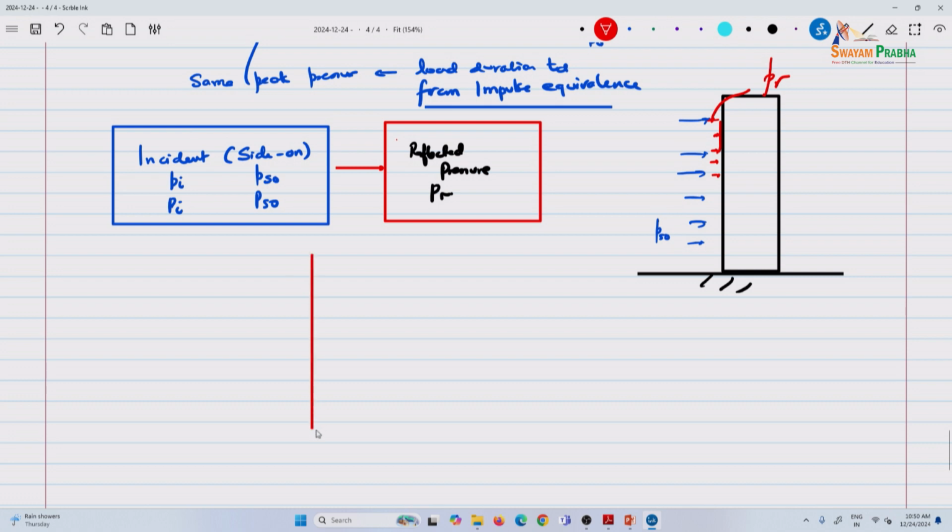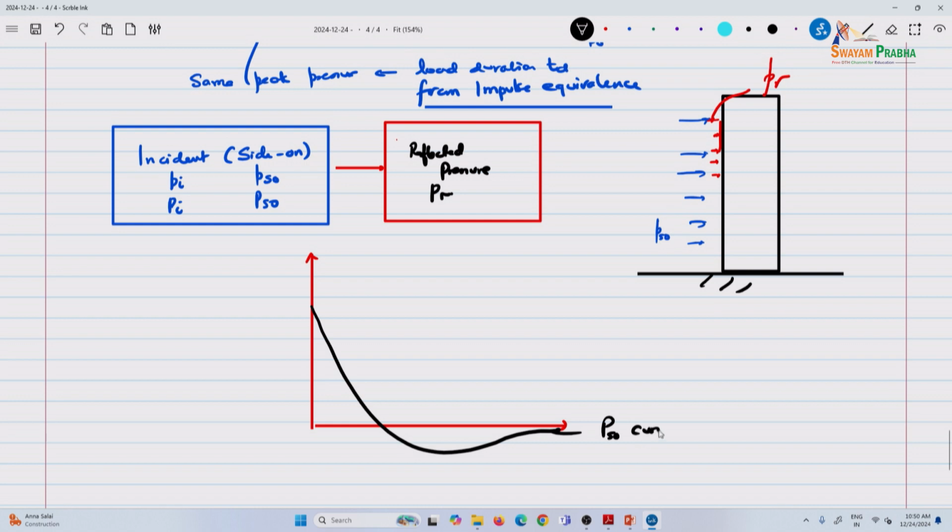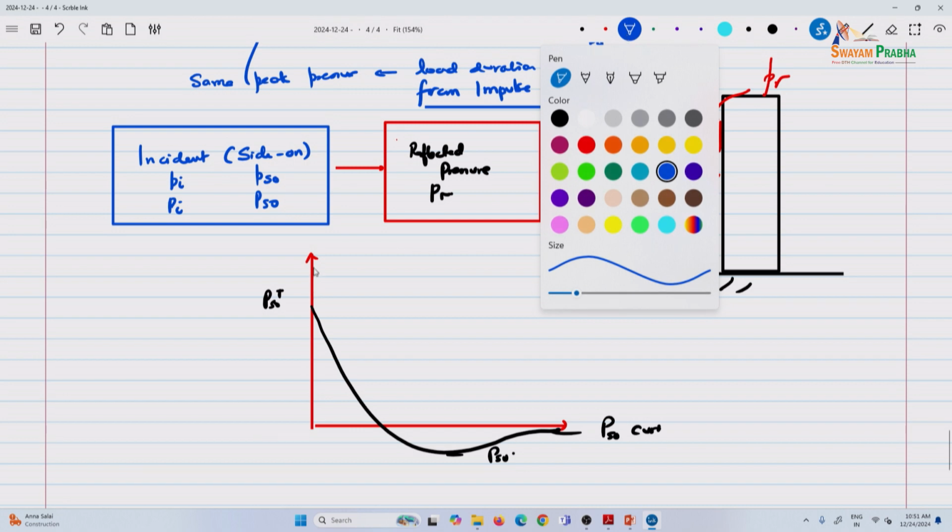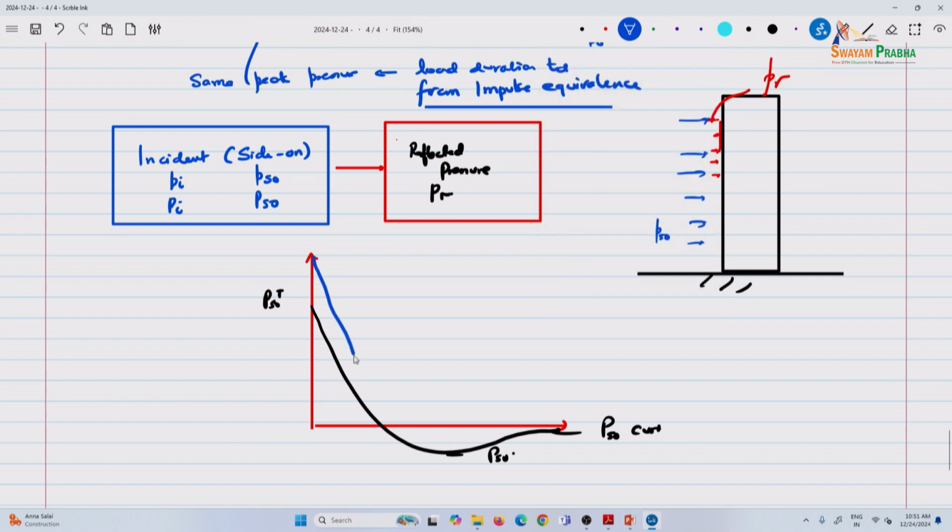So, the same thing, let us say this is your PSO curve. The reflected pressure is going to be much higher, and it tends to follow a similar pattern.